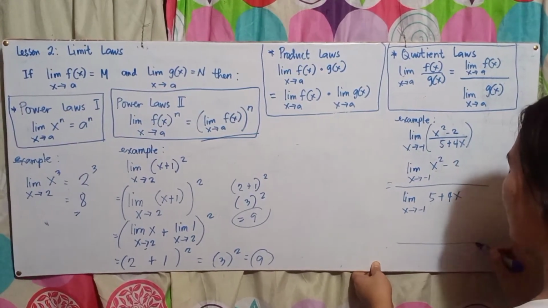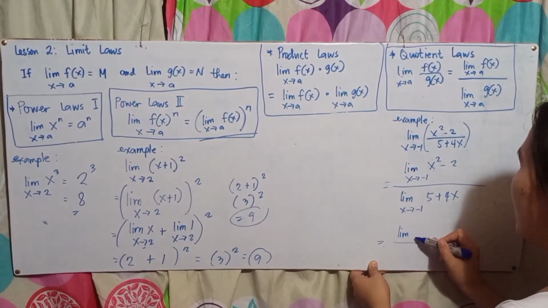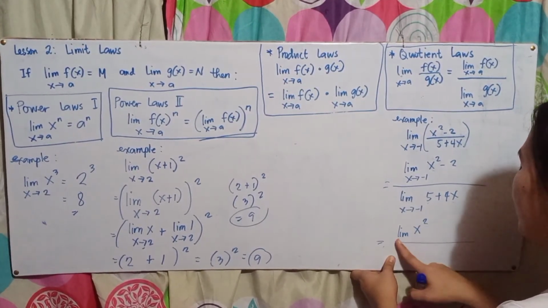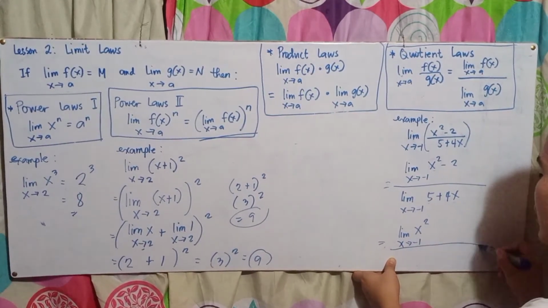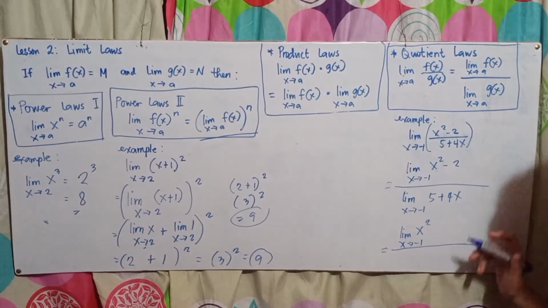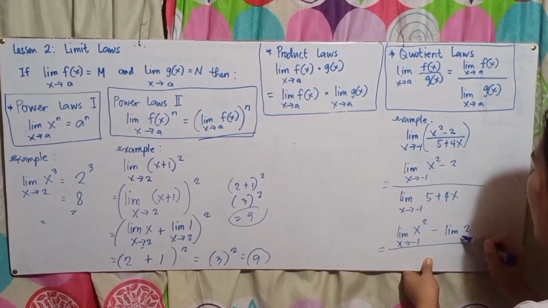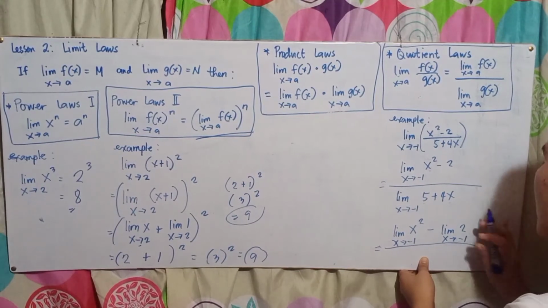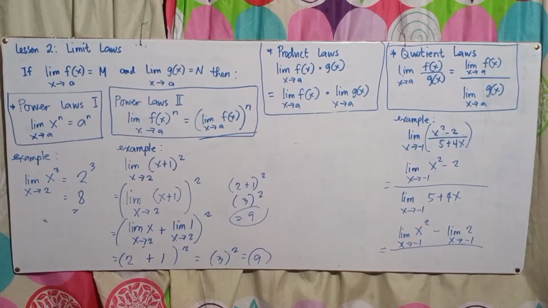So, magiging, sa numerator, limit of x squared, x approaches to negative 1. So, under siya sa power law. Next, minus limit of 2 as x approaches to negative 1. So, constant law. Then, ang whole process sa numerator is under sa difference law.